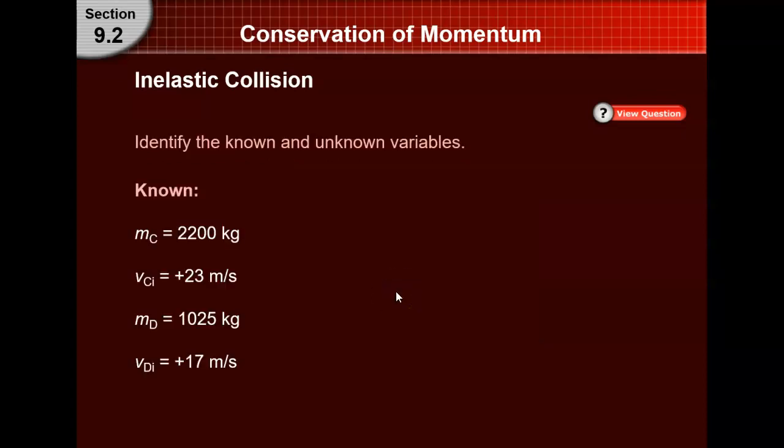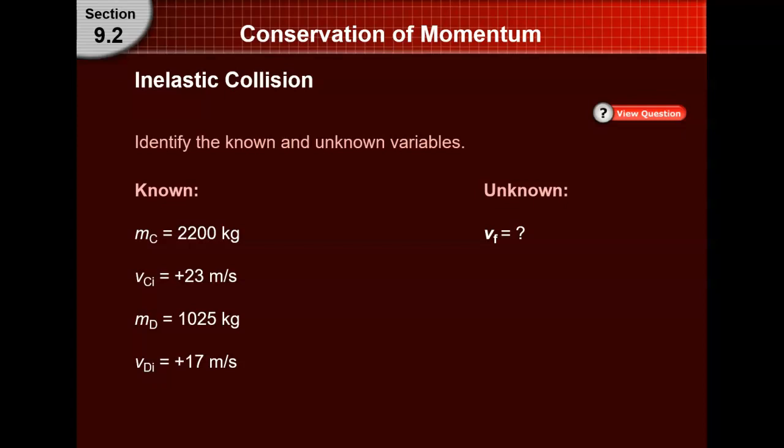All right, so what do we know? We know the mass of each car, and we know the starting velocity of each car. What we're going to figure out is their final velocity after the collision. Remember, they're traveling together, so they're both going to have the same final velocity.